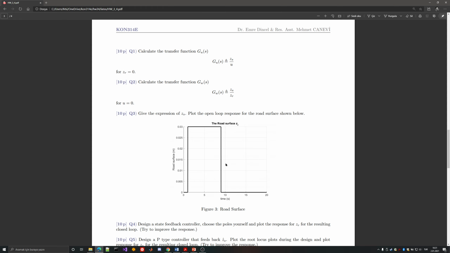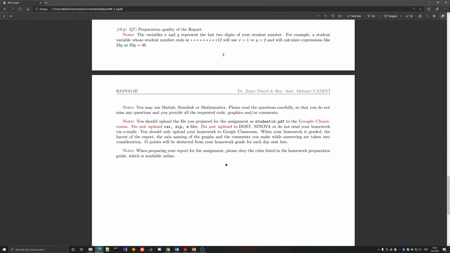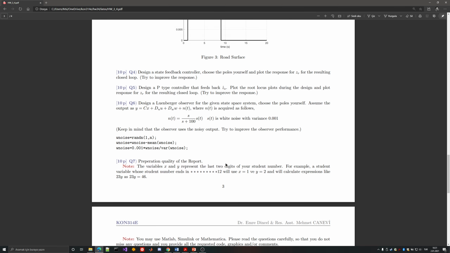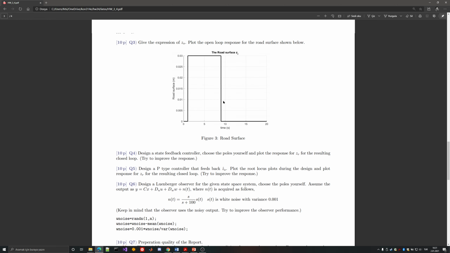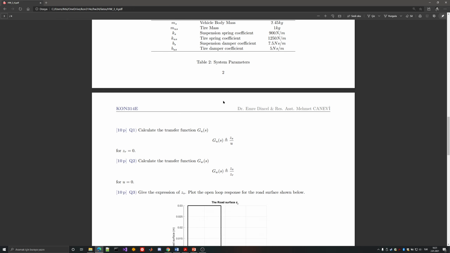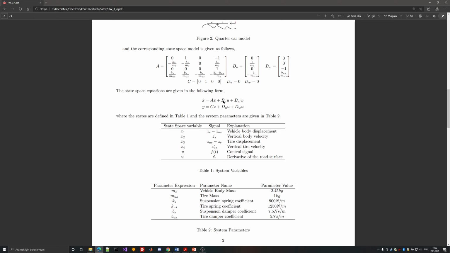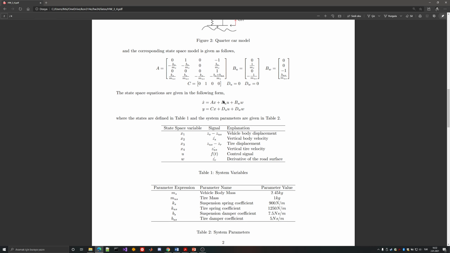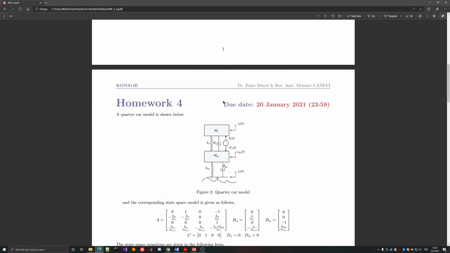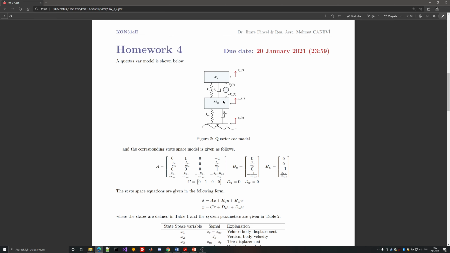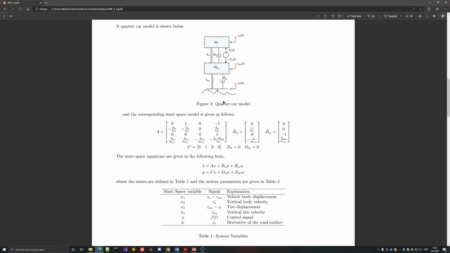So that's one thing. You have to prepare 2 reports, homework 3 and homework 4, as before, and you will give the necessary design steps, not the unnecessary part. You can include your code, but as I've told you before, please do not provide me just code. This will affect your grades negatively, because only code doesn't work for me.